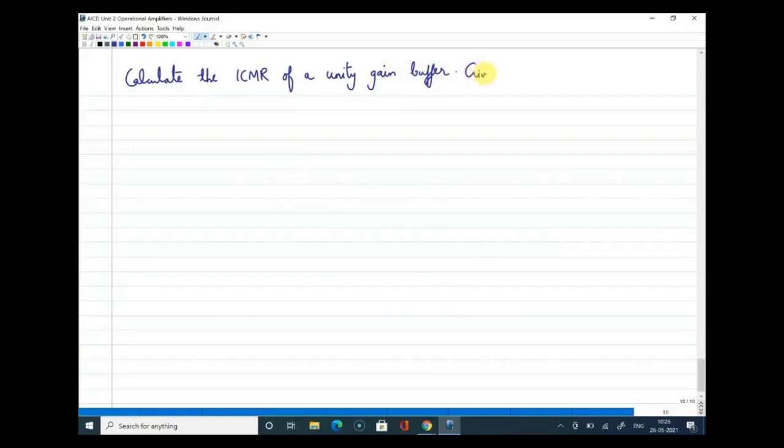It is given that the supply voltage VDD is equal to 3 volt, overdrive voltage is equal to 0.3 volt, and VT is equal to 0.7.